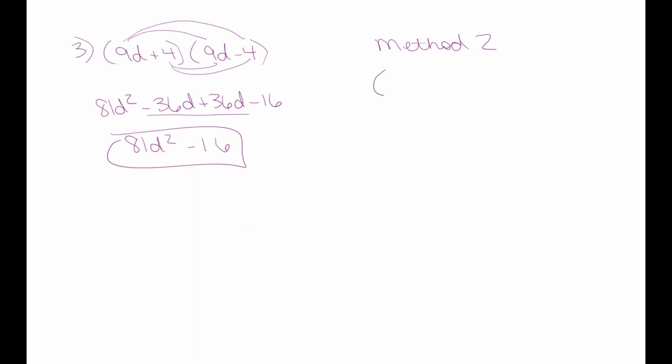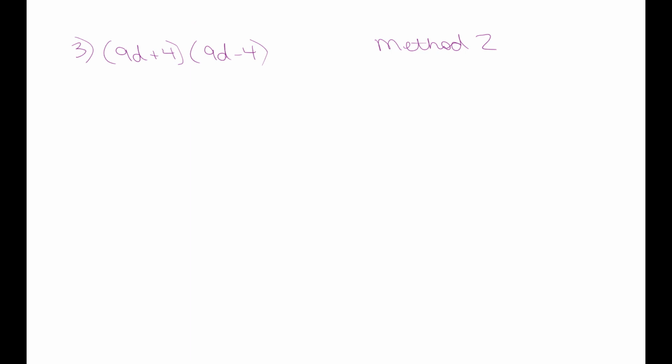In method 2, I want to show you it's very easy, but the biggest thing is that you have to recognize that you have a difference of squares. What that means is it's the same exact thing, 9d and 4, and 9d and 4. The difference is just in your signs. When you have this, the middle terms are always going to cancel out, just like you saw there.